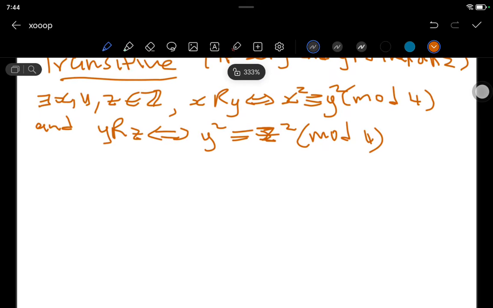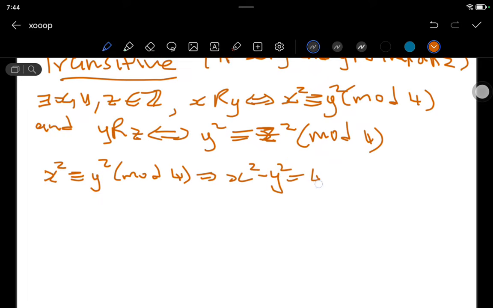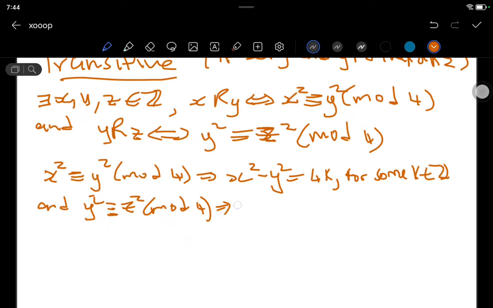Now, from here, we can expand the two concepts. x squared congruent to y squared mod 4 implies that x squared minus y squared equals 4k for some k element of an integer, and we know that y squared congruent to z squared mod 4 implies that y squared minus z squared equals 4p.